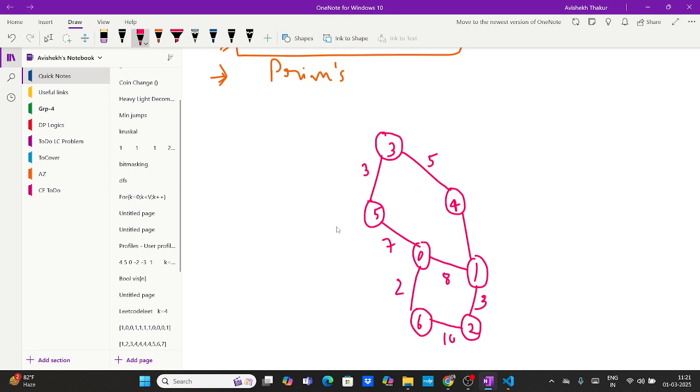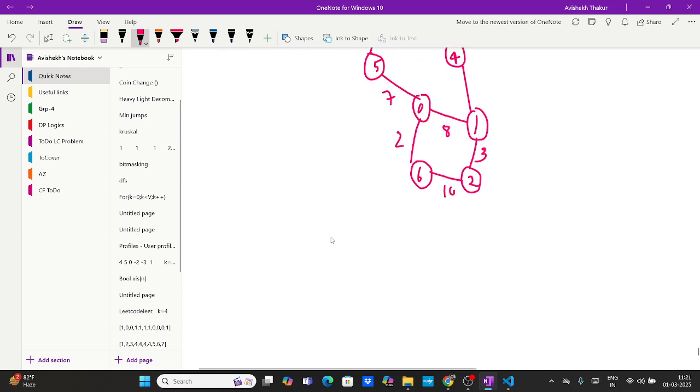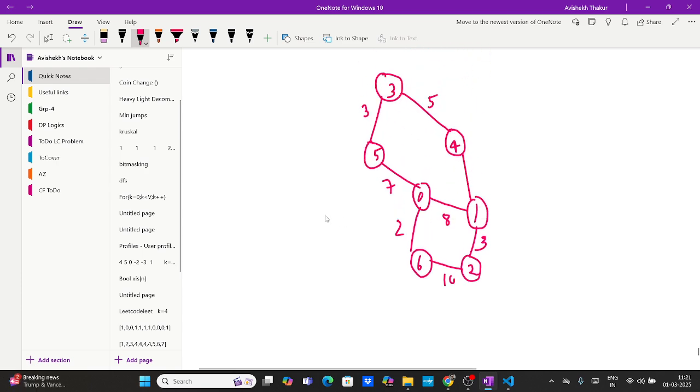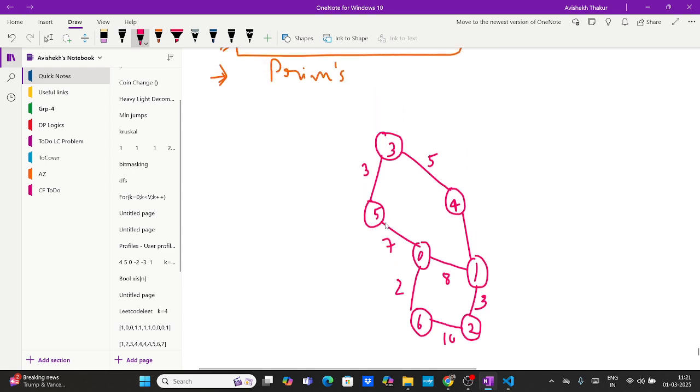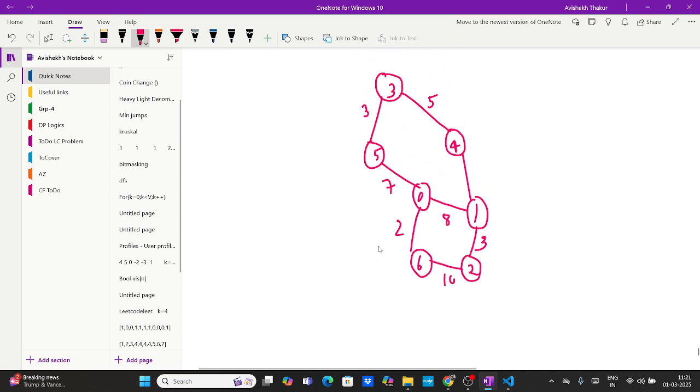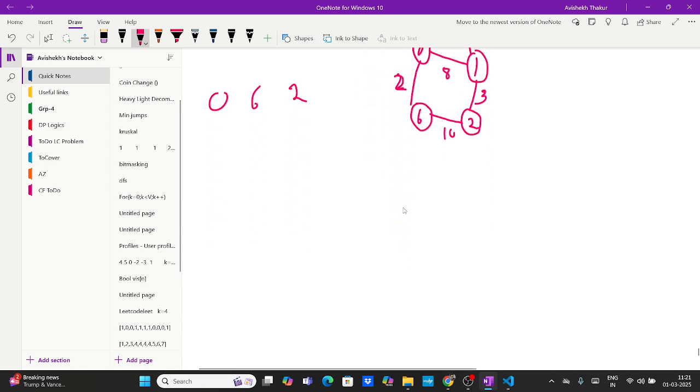Initially, in the disjoint set union, everything is a single component. So he went through the edges in sorted order. The first minimum edge is 0 to 6 with a weight of 2, so let's pick it up.